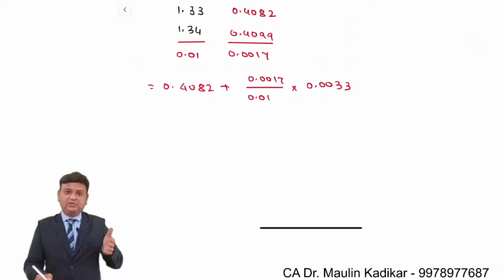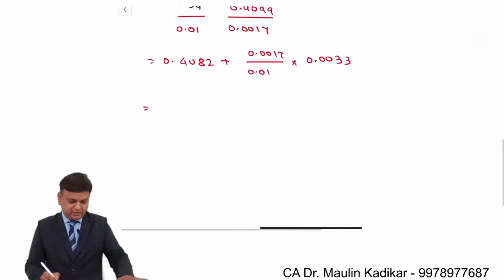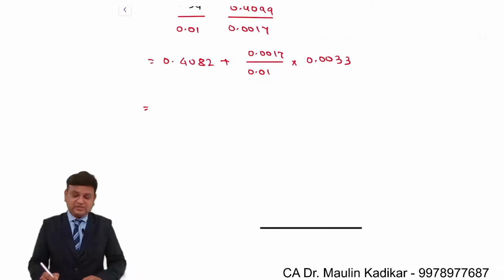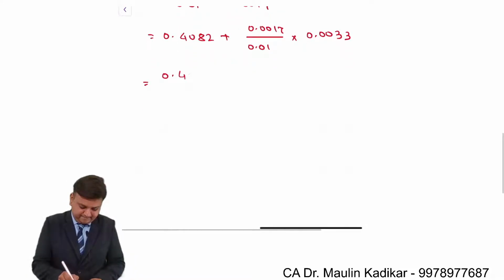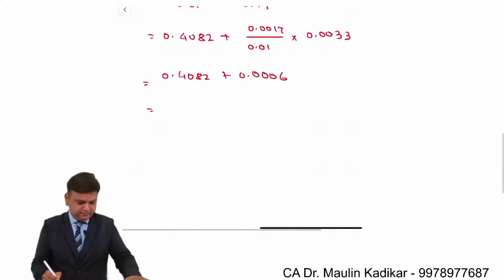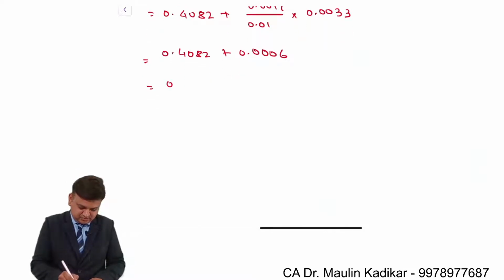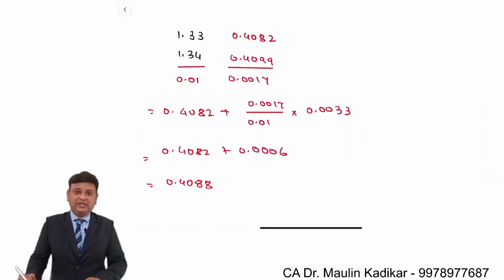How is it 0.0033? It is 1.3333 minus 1.30. So 0.0017 into 0.0033 upon 0.01 is 0.0006. 0.4082 plus 0.0006 is 0.4088. This is the way we have the reading.